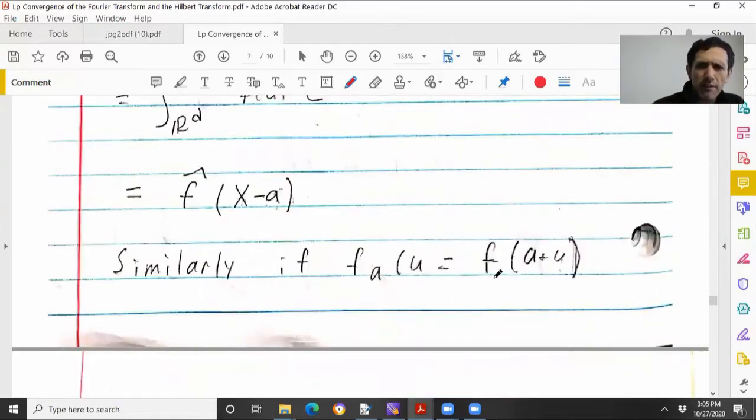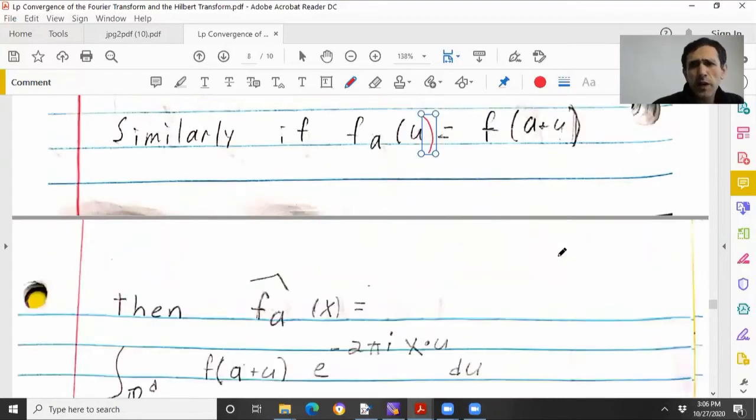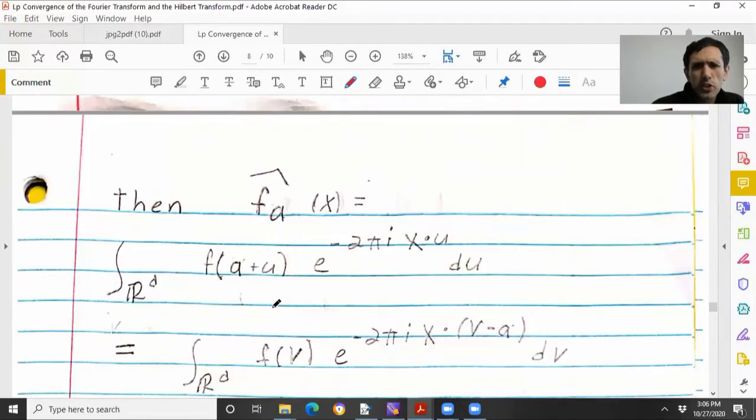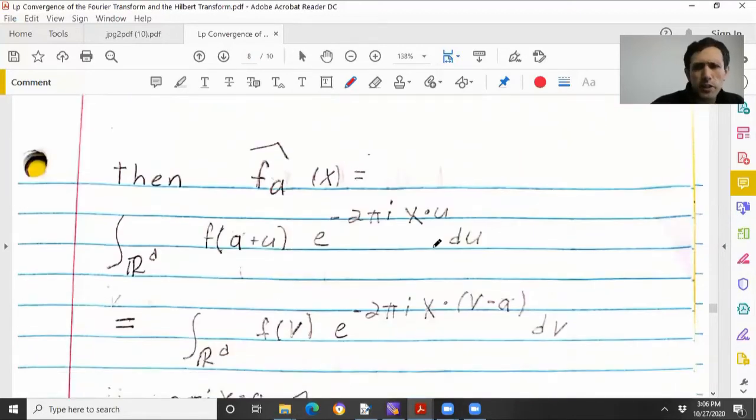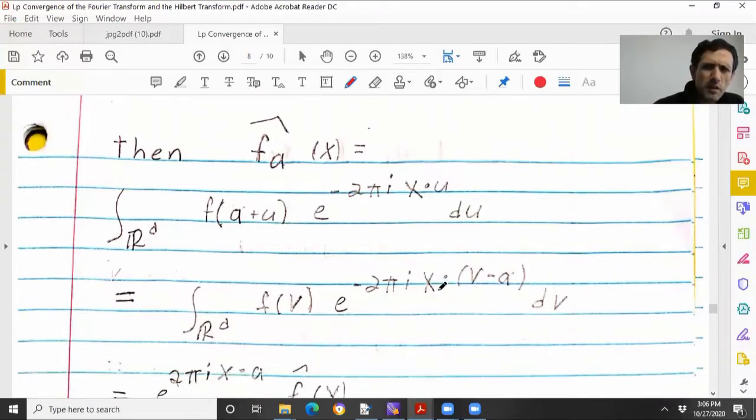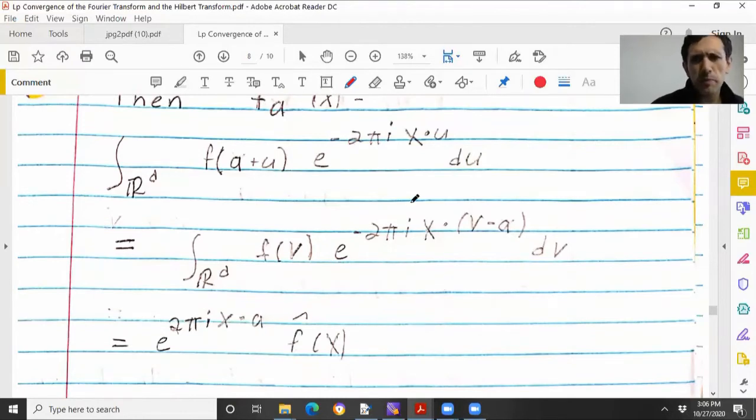Similarly, if f_a of u is just shifting by a, f of u plus a, let's take the Fourier transform. We'll just plug this in, do a change of variables. v is a plus u, so u is v minus a. Well, you could just distribute this. This is going to be equal to e to the minus 2 pi i x dot v.